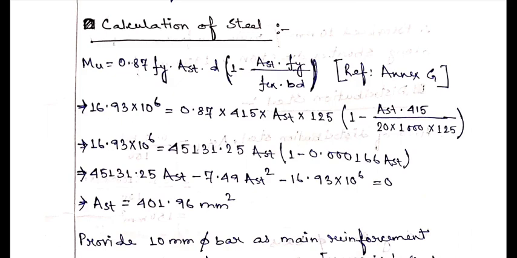As you see here, all the values have been put here, like Mu is 16.93 into 10 to the power 6 is equal to 0.87 into Fy, 415, into Ast into d, effective depth, 125, within bracket 1 minus Ast into Fy, that is 415, by Fck, that is 20, into 1000 into 125. So from this equation we can get the value of Ast, that is 401.96 mm square. Now provide 10 mm diameter bar as main reinforcement.